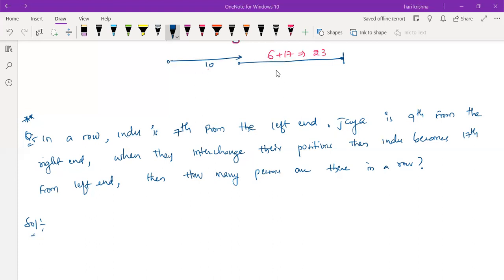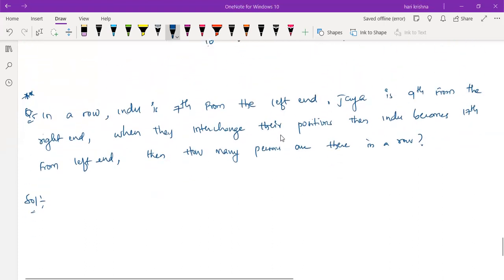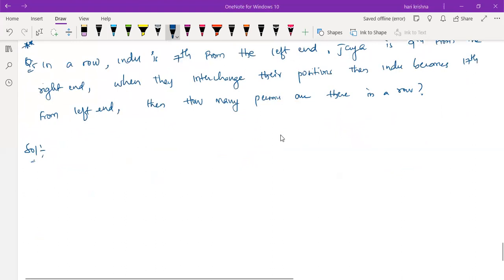Can I explain? Yes. What is given first? One row is there. In a row, Indu is 7th from the left hand. The position of Indu is 7th from the left hand. Okay.